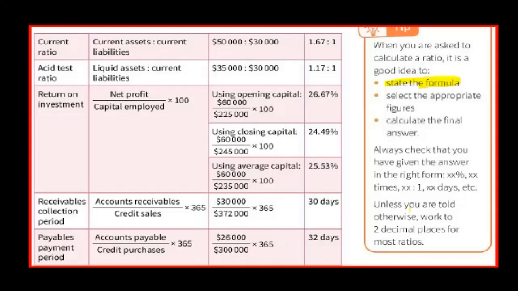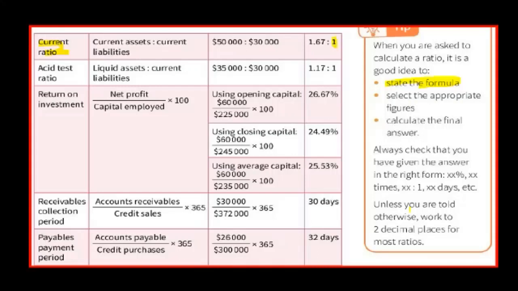So the current ratio is current assets to current liabilities. Like we said, you could state the ratio first, then do the workings in the next column, and put the results here. It's 50,000 to 30,000. Now, like we said, the liabilities is always 1.